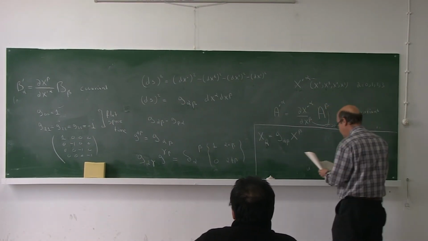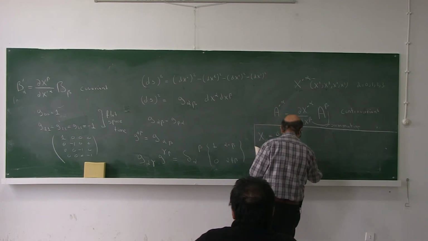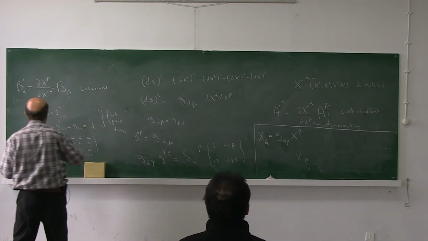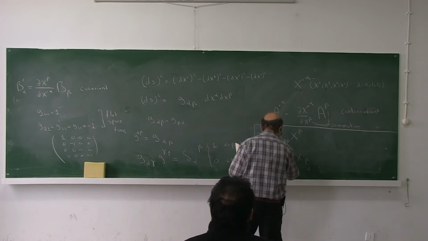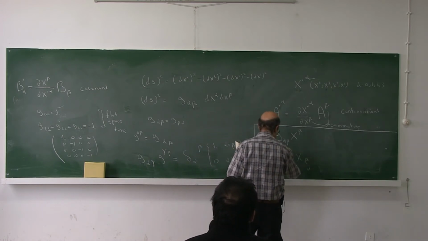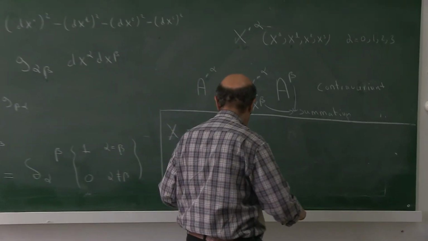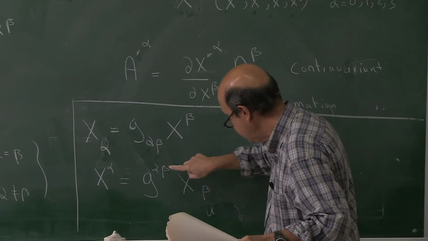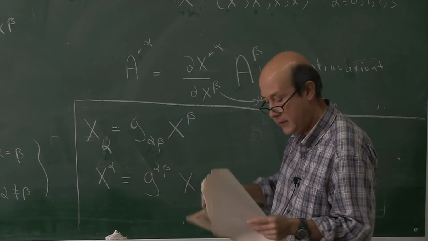So the vice versa of this: you can have a covariant vector, and you can act the metric tensor. You can make these indices up. Again, we have to look at all the times the summation index and free index.